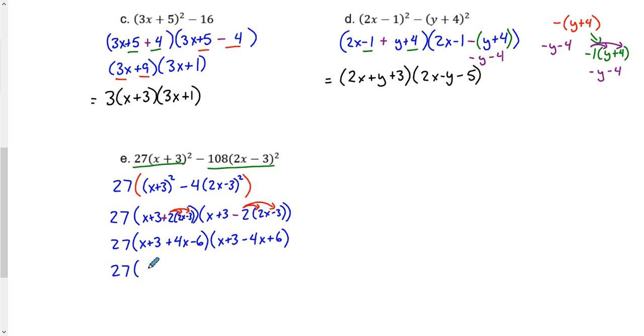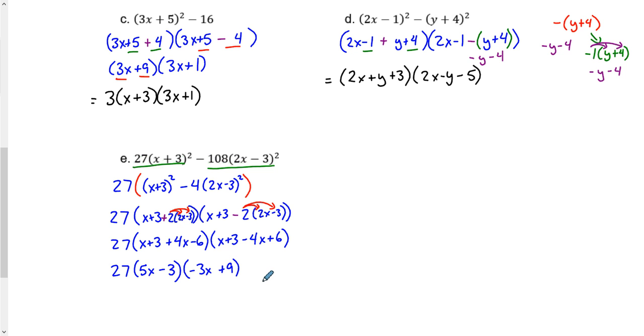Let's see, we have 27, x and 4x is 5x, 3 and negative 6, 3 and negative 3. And in the second set of brackets, x subtracting 4x is a negative 3x, and a 3 add 6 is a positive 9.